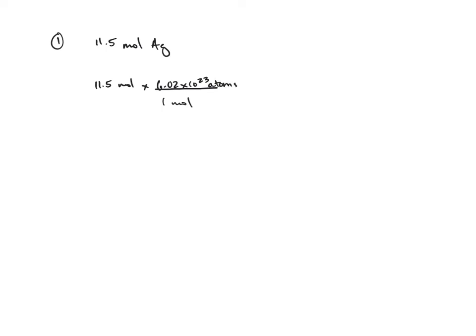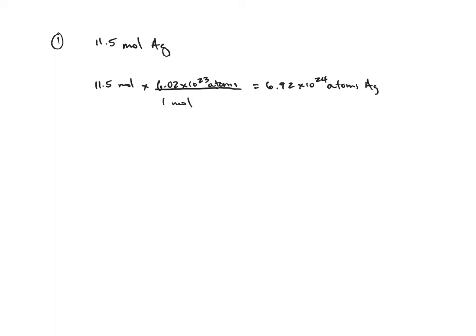Silver is an individual element, so we're talking about atoms of something. So 11.5 times 6.02 times 10 to the 23rd. And if this is correct on my calculator, we should have 6.92 times 10 to the 24th atoms of silver. That'd be your answer for a problem like number 1.